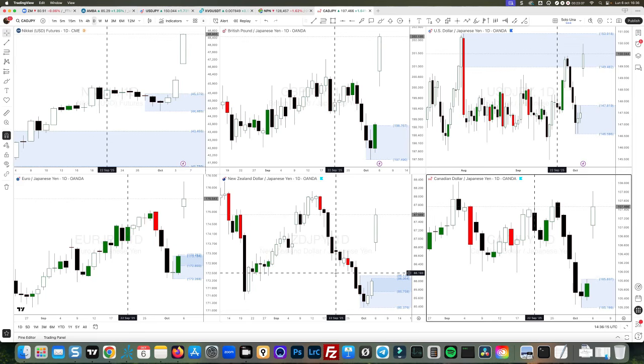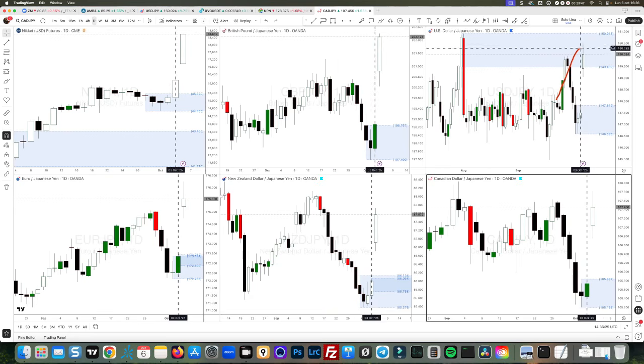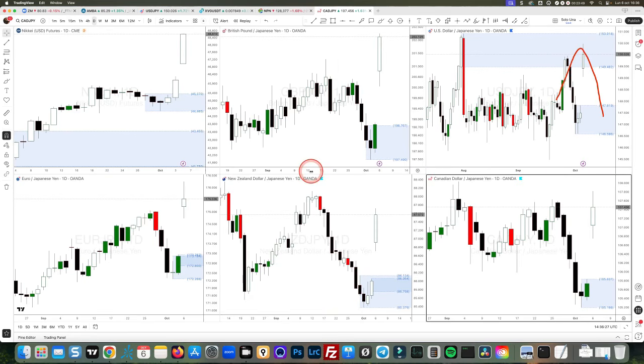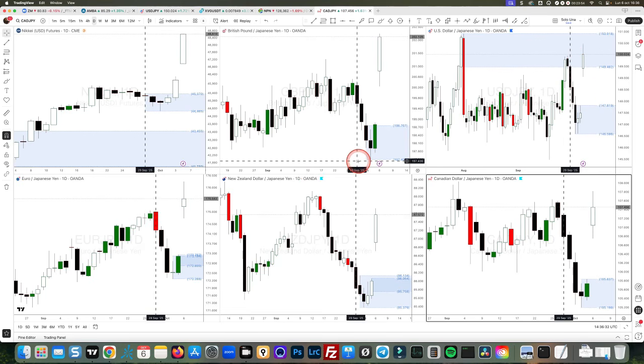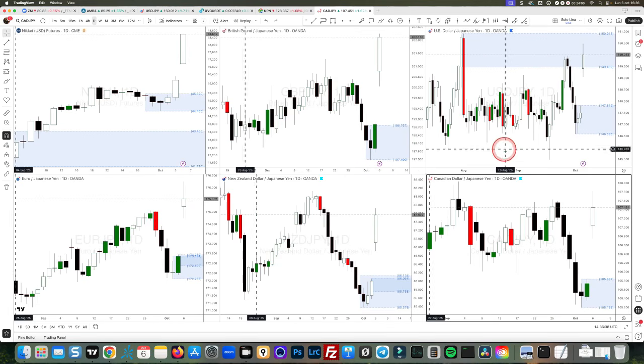So the key is not to predict the next news headline, because we don't know what's going to happen and everything is manipulated. So it is to react to these imbalances and be patient enough to wait for the pullback, because trading is all about patience.